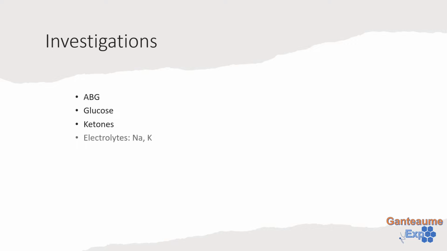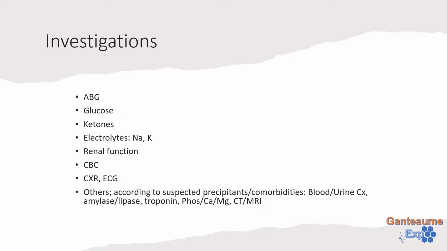And this here is not a complete list because we don't know what the patient may present with in addition to DKA, but this should be an okay starting point. The first three, ABG, glucose, and ketones, make sense because they help to clinch the diagnosis.